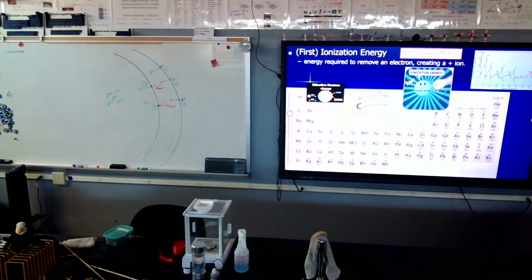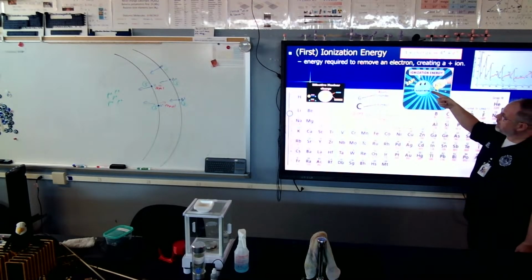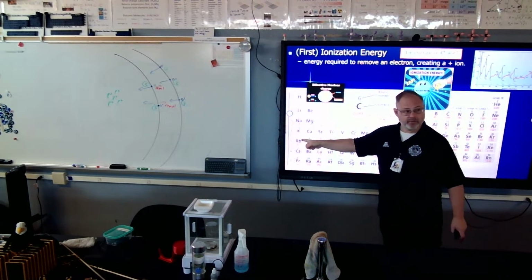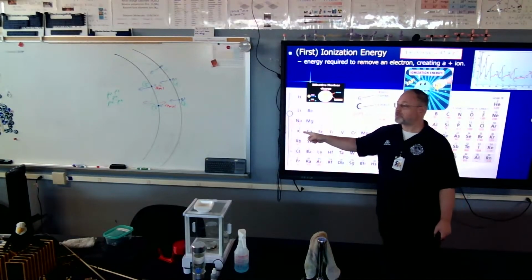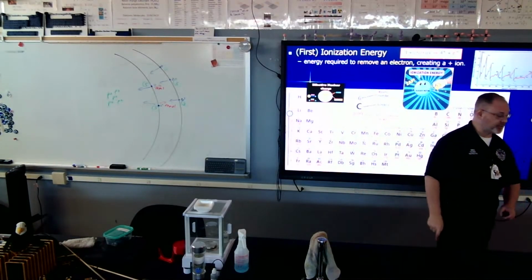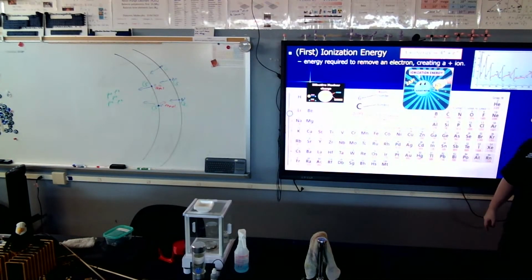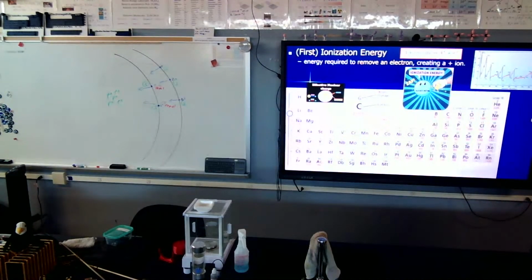Now, if you only have one electron in an outer shell that has a very low effective nuclear charge, like the alkali metals that have one outer electron, and that outer electron is pretty well shielded from the nucleus, is it going to be relatively easy to remove an electron or relatively hard?